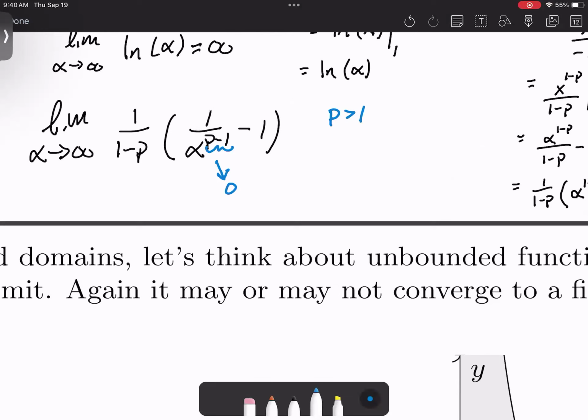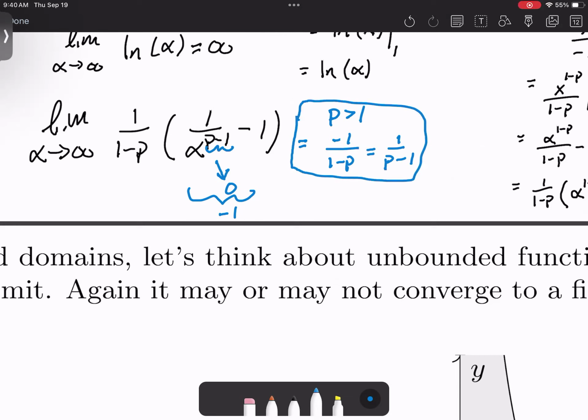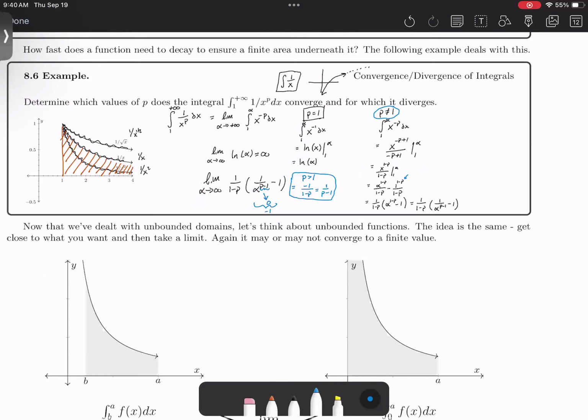So if that fraction decays to 0, then this term approaches the value of minus 1. So when p is greater than 1, this limit is equal to minus 1 over 1 minus p, which we can write as 1 over p minus 1. So that's pretty neat. If p is greater than 1, then the integral converges to the value of 1 over p minus 1.